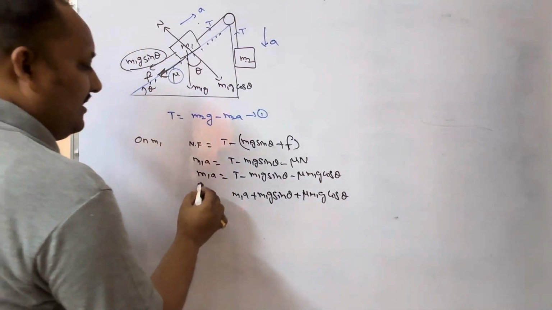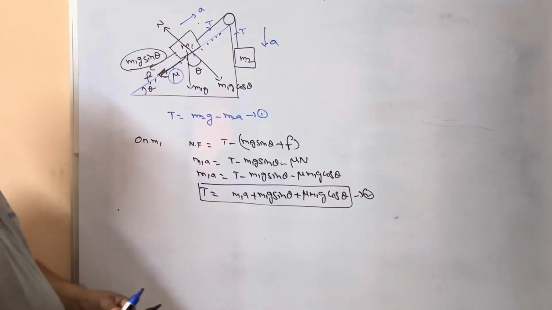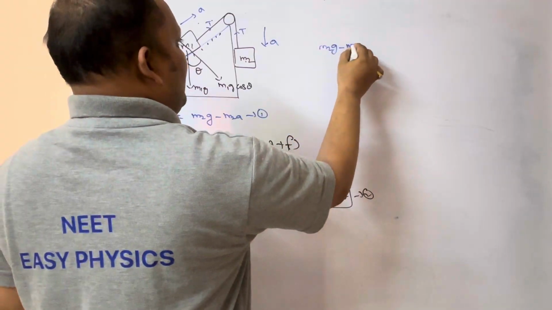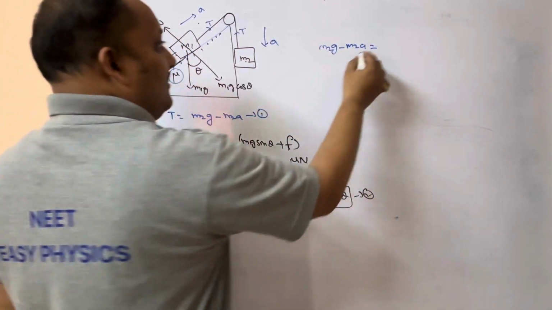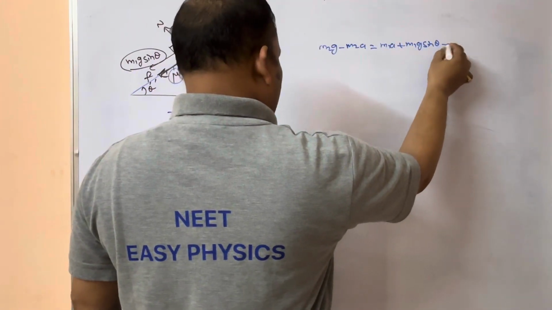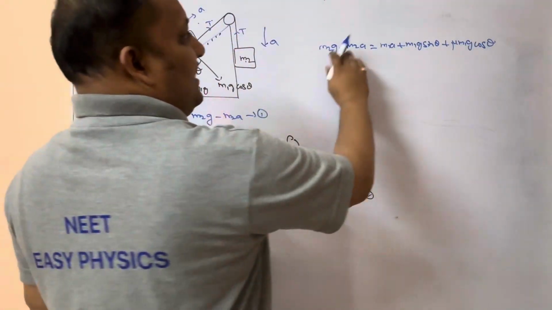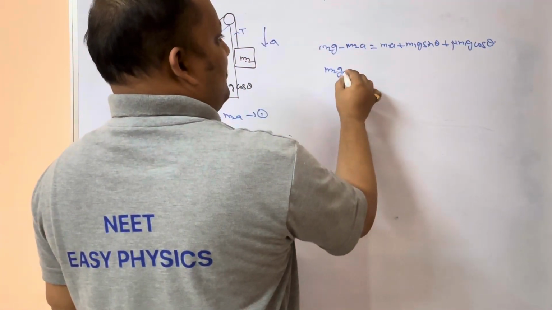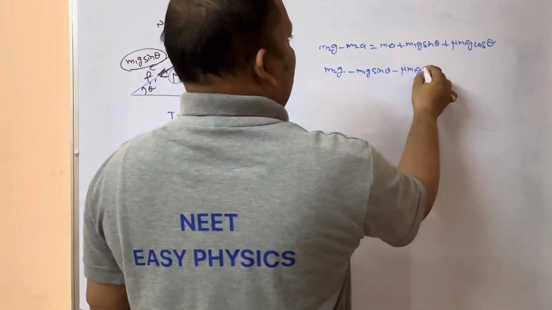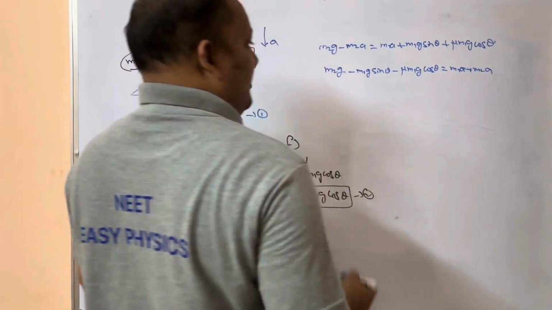So equate equation number 1 and 2, then you are going to get the acceleration. So M2g minus M2a is equal to M1a plus M1g sin theta plus mu M1g cos theta. So the a terms you can bring together: M2g minus M1g sin theta minus mu M1g cos theta equals M1a plus M2a.